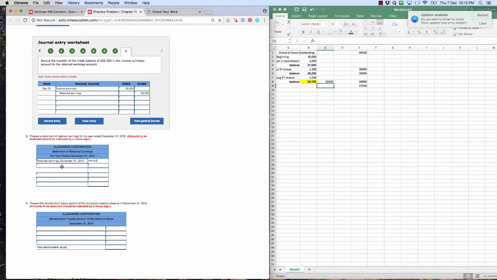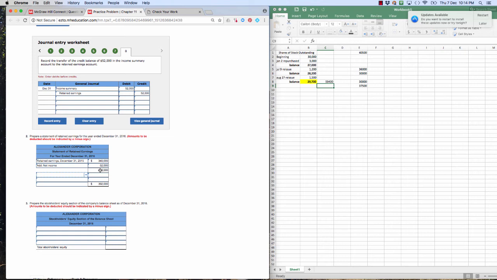And then when we're dealing with retained earnings, we're going to just add whatever our net income was. And in this case, our net income is here from the income summary, so $52,000. And the total updates automatically.